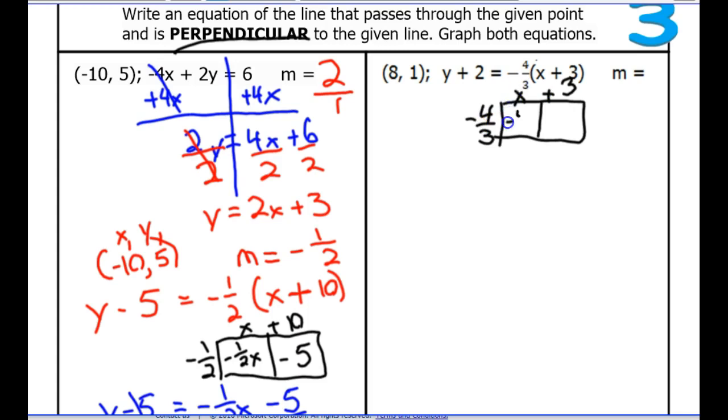Negative 4/3 times x is negative 4/3 x. Negative 4/3 times positive 3 is negative 4. So y plus 2 equals negative 4/3 x minus 4.